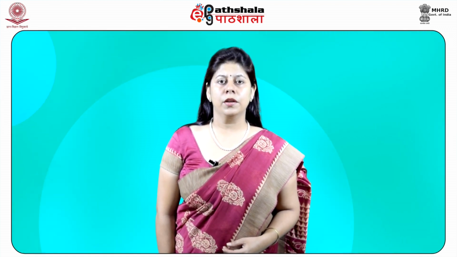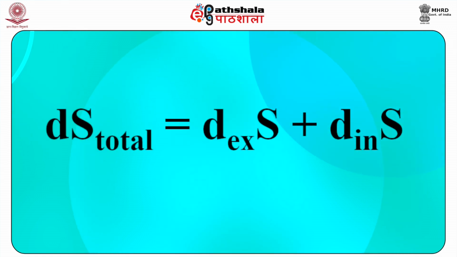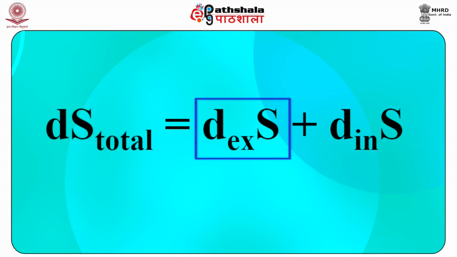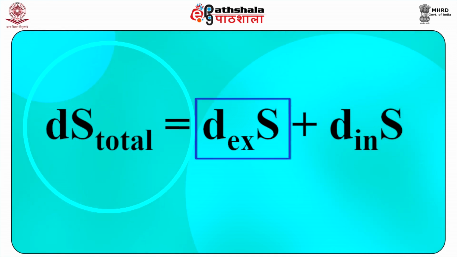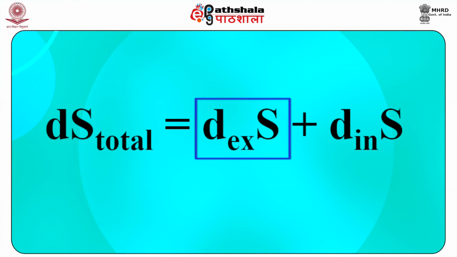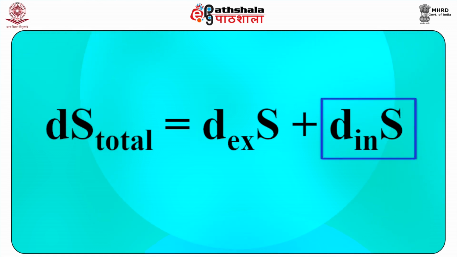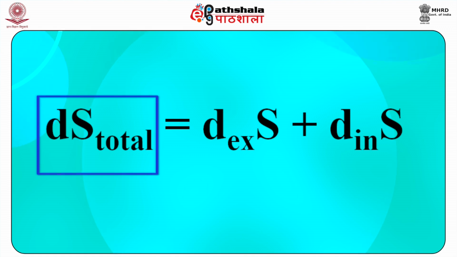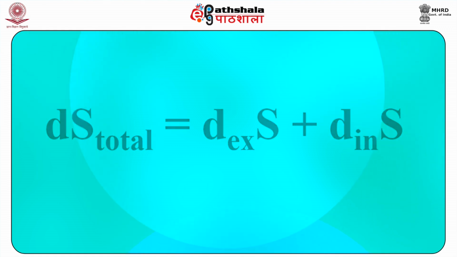Therefore, we can write dS total is equal to dS external plus dS internal, where dS external is the entropy change due to surroundings or external system, dS internal is the entropy change within the system, and dS total is the total entropy.